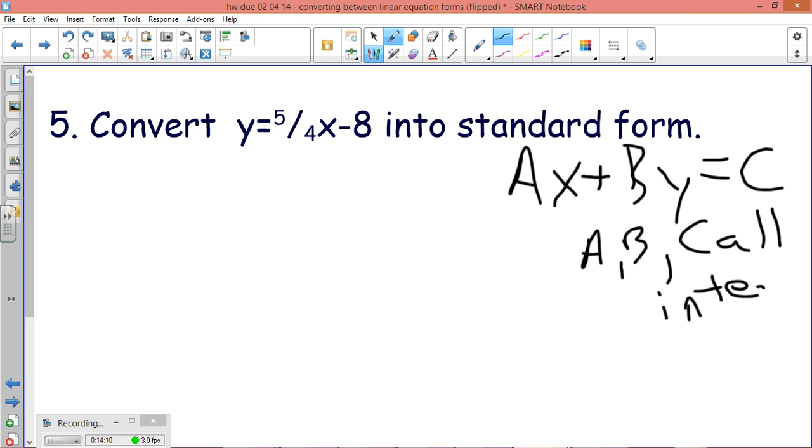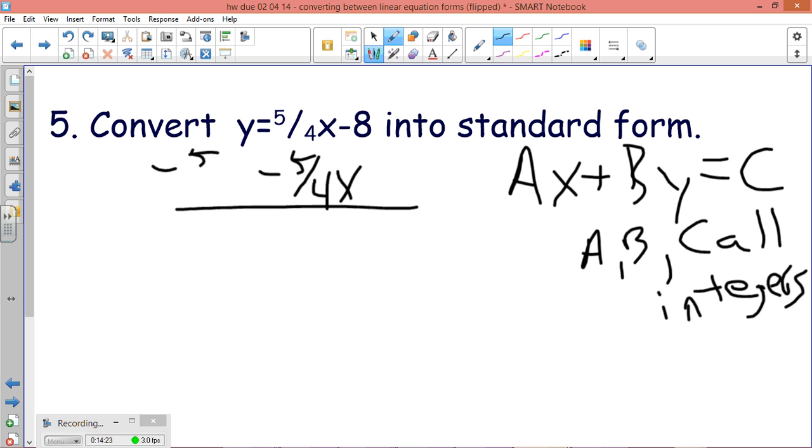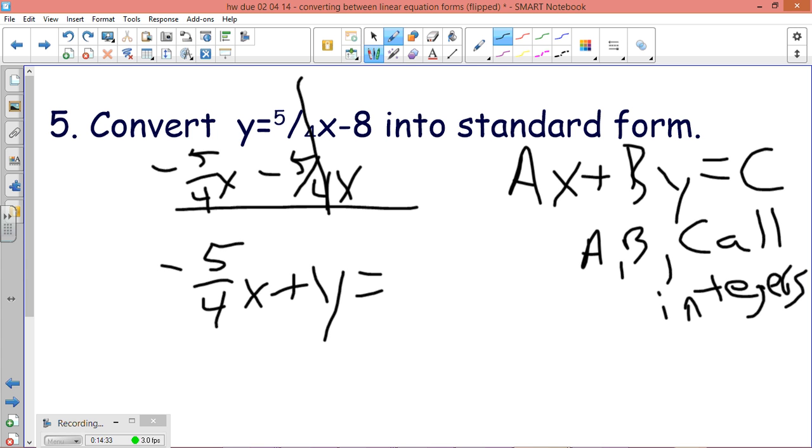That's standard form. And how do I do that? Well, I just start moving stuff around. I know I need x and y on the same side, so the first thing I'm going to do is move x to where it's on the same side as y. Minus 5/4 x on both sides. That's going to cross out because they add to 0. I am left with negative 5/4 x plus y equals negative 8.